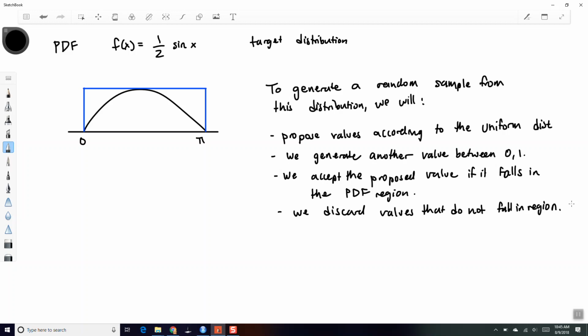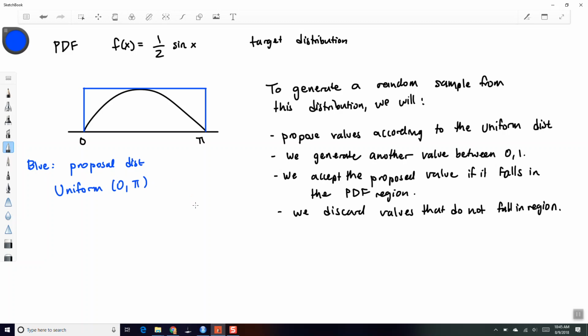So our PDF is 1/2 sine x, and the blue is our proposal distribution, which is the uniform distribution from 0 to pi.